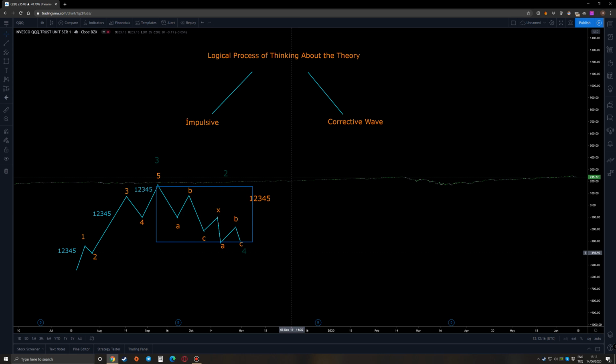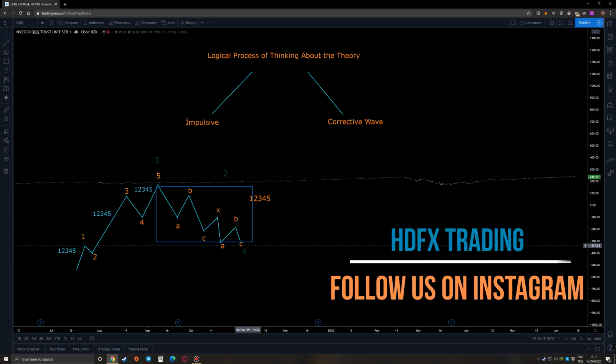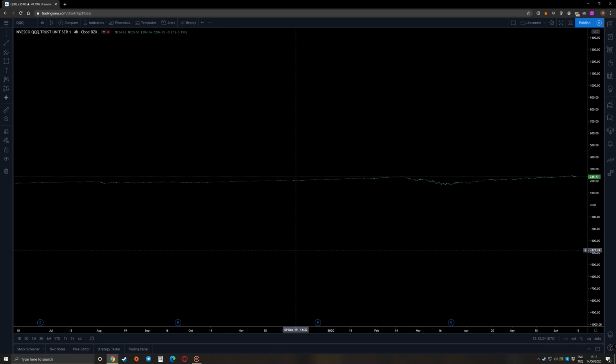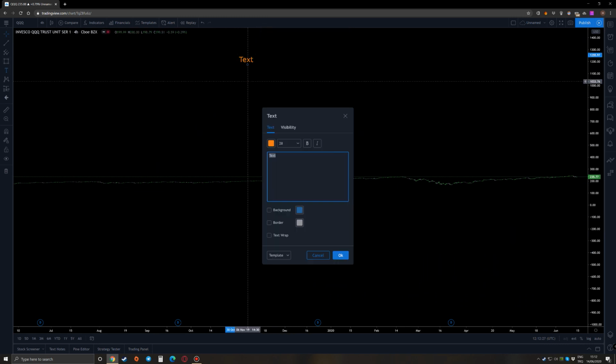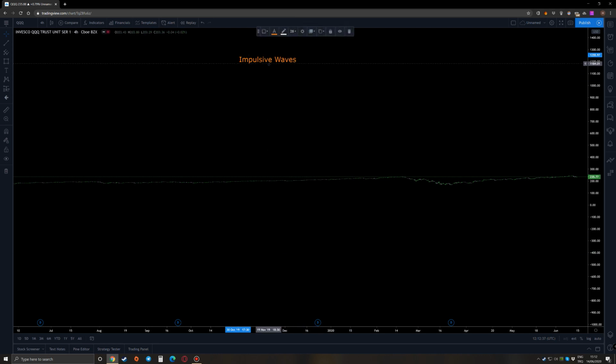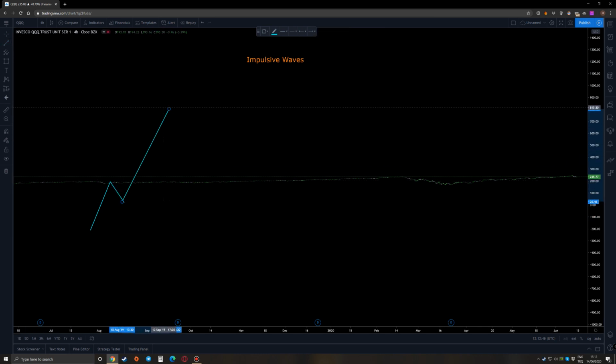First of all, let me get rid of all of this and let's talk about impulsive waves. Impulsive waves usually look like this. We have a 1, we have a 2, we have a 3, you have a 4, and you have a 5.